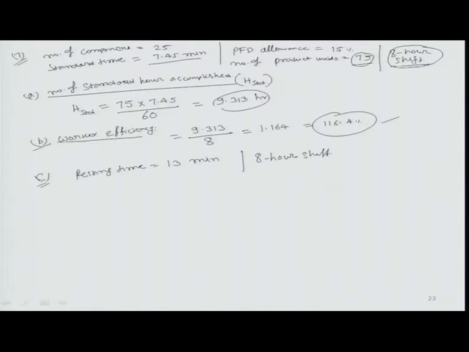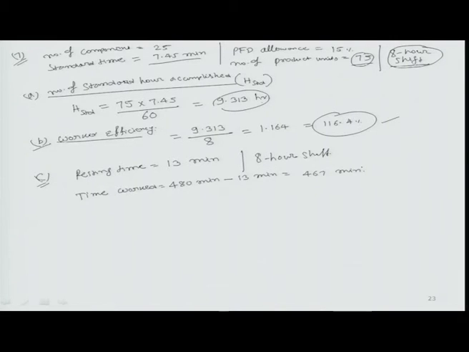So we will calculate how much time that worker worked. Time worked: allotted time was 480 minutes and resting time was 13 minutes. So the exact time was 467 minutes.